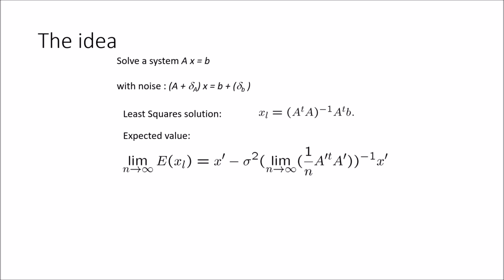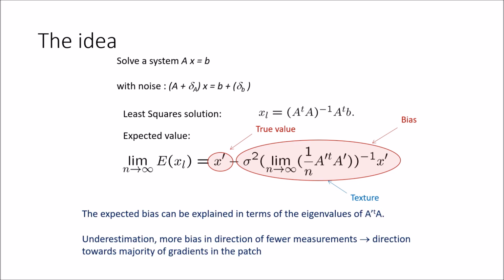And it's well known that the expected value of this solution is not the veridical. It consists of the true value plus an additional bias term. This bias depends on the matrix A' transpose A', and that's basically the texture in a region.